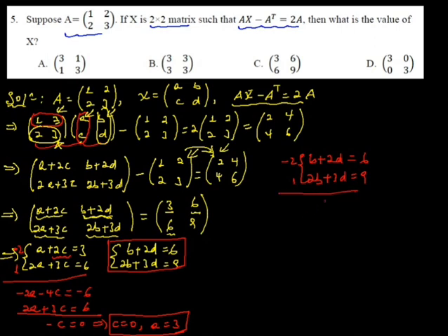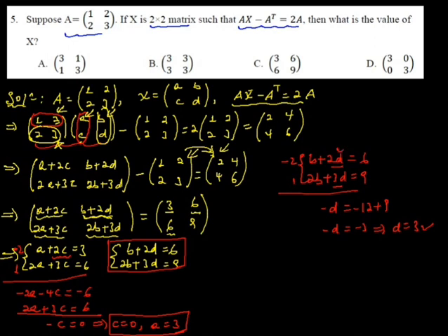Then B will be eliminated. So it becomes minus 4D plus 3D, which is minus D. Minus D is equal to minus 12 plus 9. This means minus D is equal to minus 3. So D becomes positive 3.